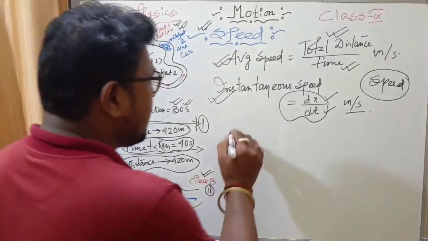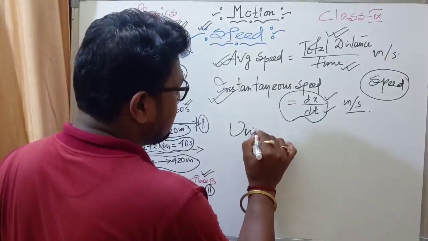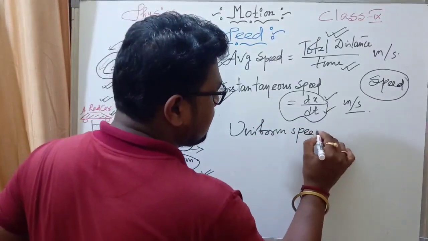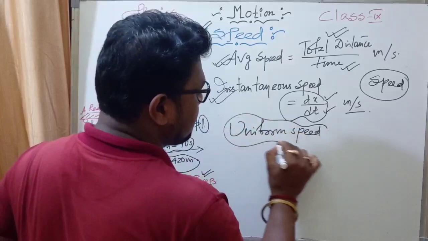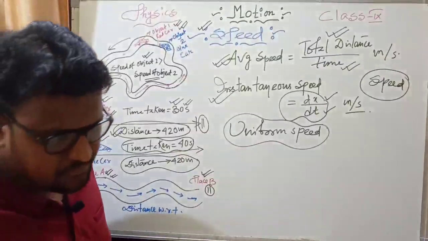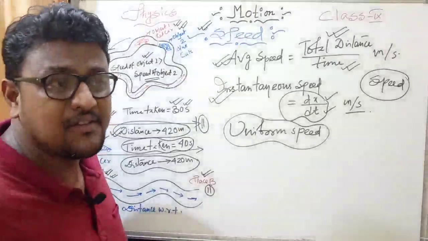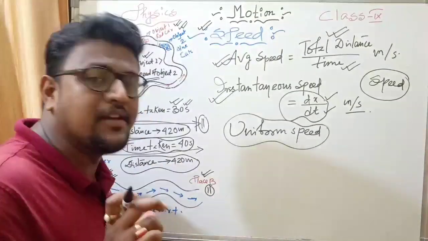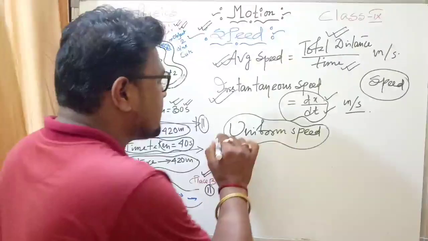Speed has two parts. One is uniform speed. What is the concept of uniform speed? Uniform speed means when an object travels equal distances in equal intervals of time.